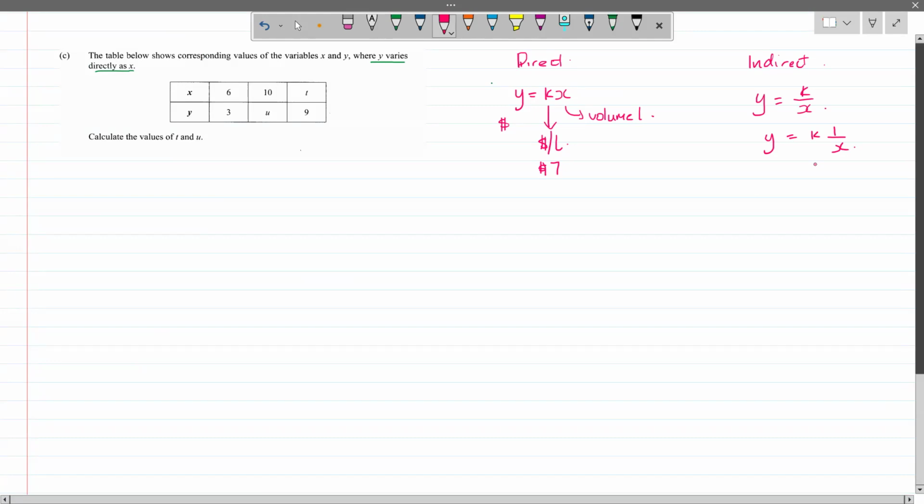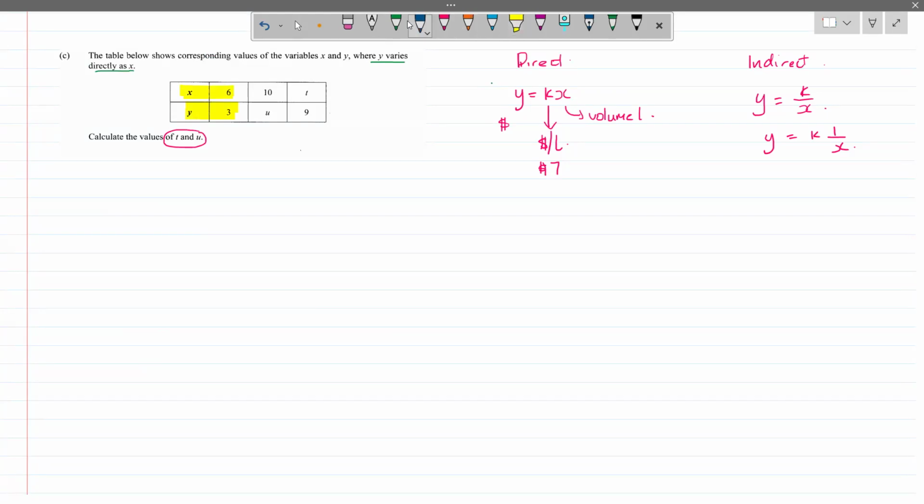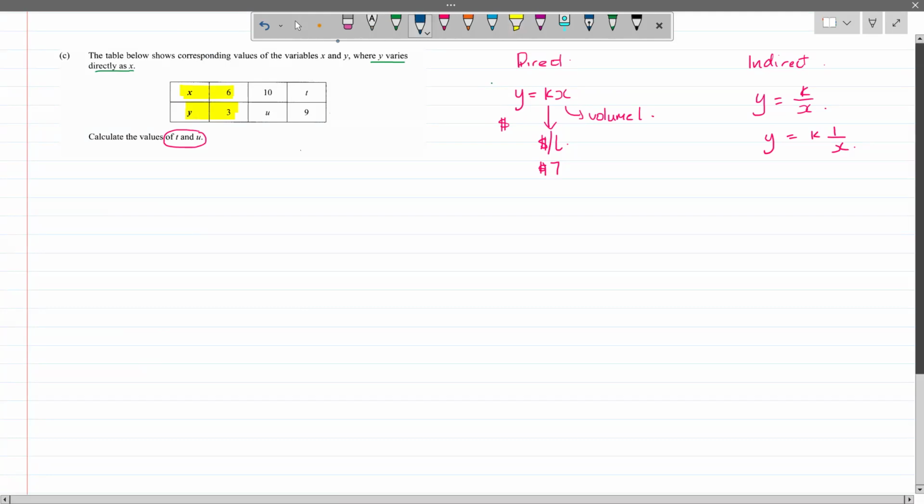So here, they want us to calculate the values of t and u. Now, in these questions, they will always give us one set of values where we know what x and y are, right? So we have x is 6, y is 3. Since we have direct variation happening here, what I want you to do is write the formula I give you for direct variation.